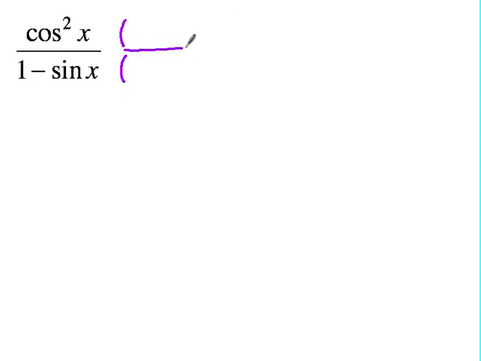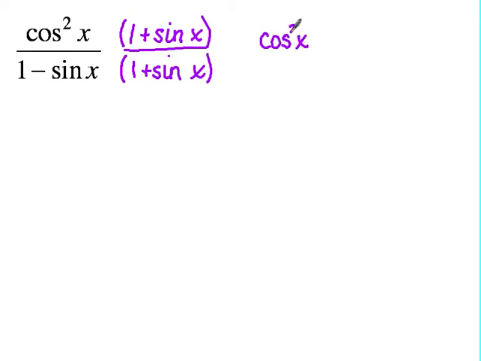Close. 1 plus sine. Remember, we use the opposite. So the top, let's just leave that as cosine squared x, times 1 plus sine.